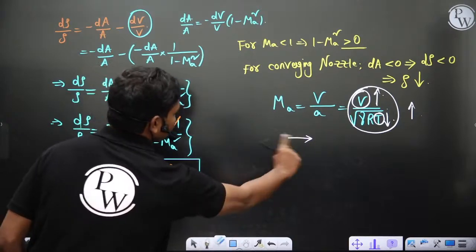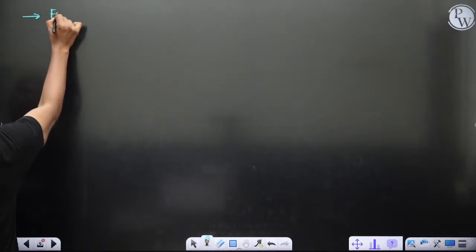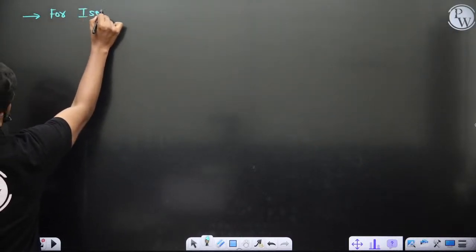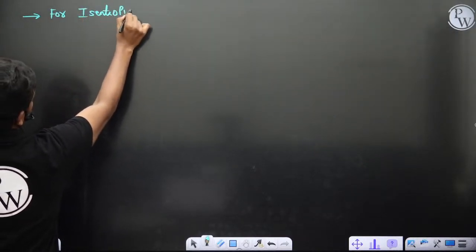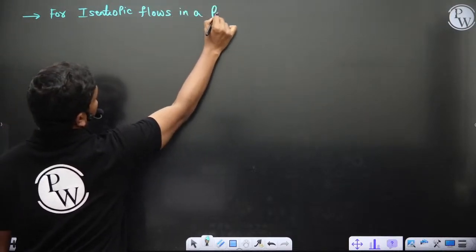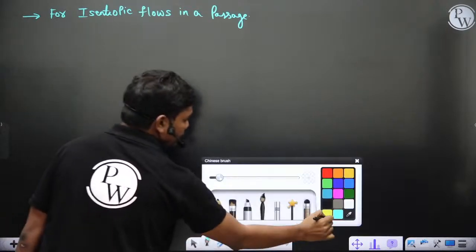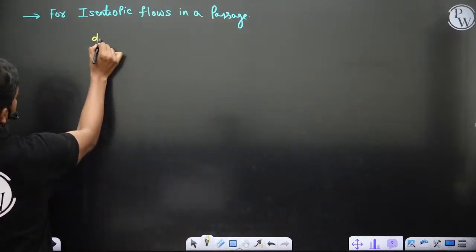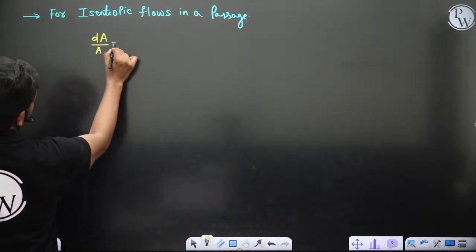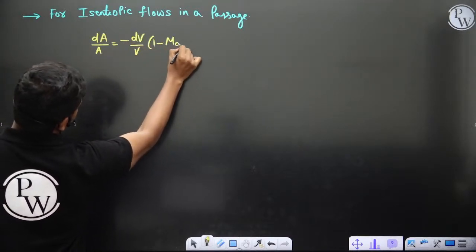for isentropic flows in a passage, you can understand dA by A is equal to minus dV by V times (1 minus Mach square).